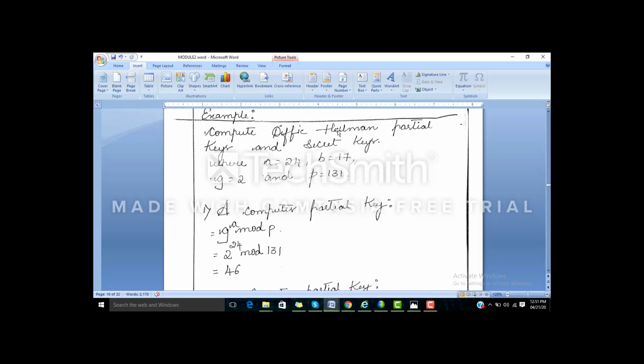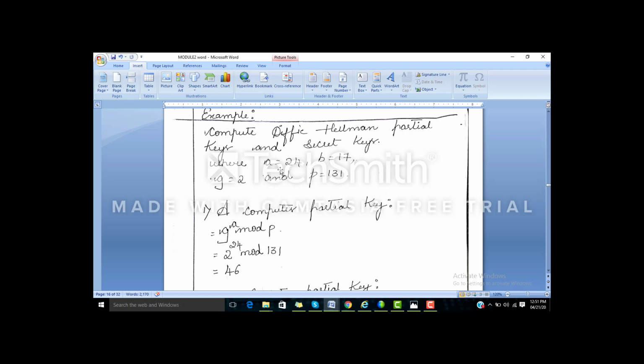The problem will be asked in this way. Students, compute Diffie-Hellman partial keys and secret keys. Initially, the partial keys will be created, then the secret key will be created. In the first two steps, partial keys will be created from both ends, then the secret key will be created from both ends.